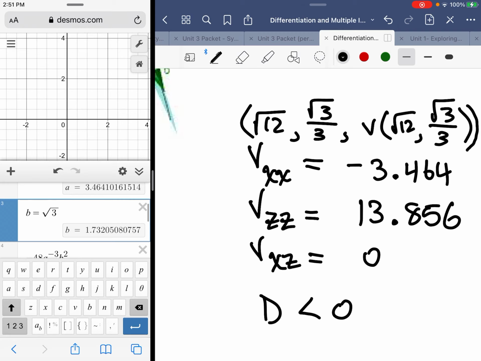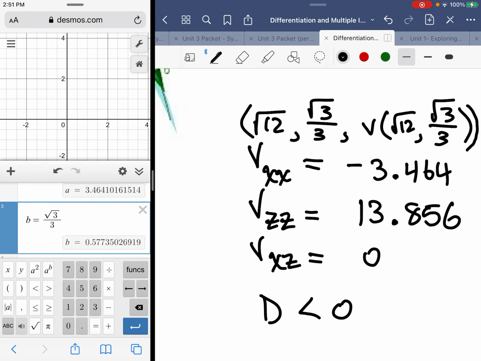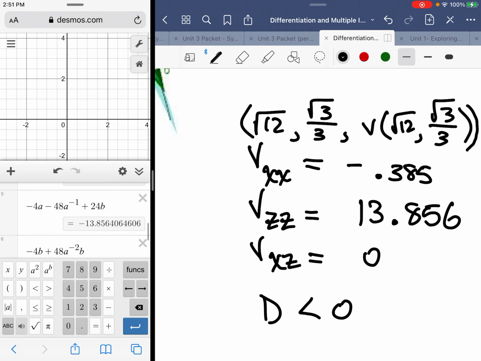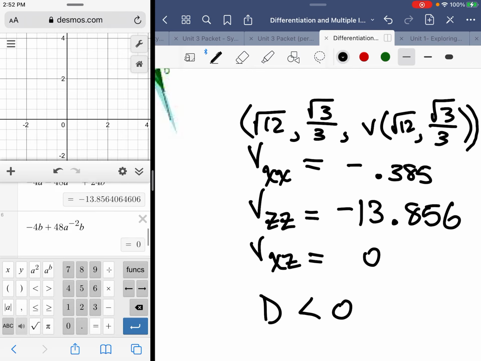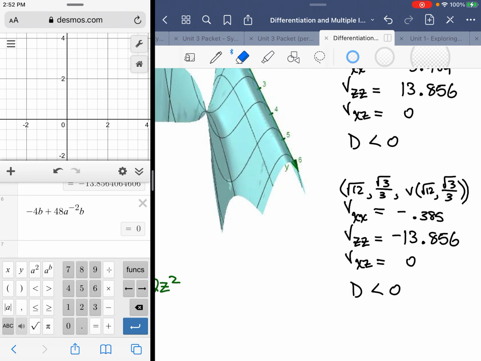And that's the power of the Desmos approach to things, because with a minor adjustment here, we're looking at about negative 0.385. And then for the ZZ, it would be about negative 13.856, so just slap a little negative on there. Still a 0. All right, so this one would be positive.